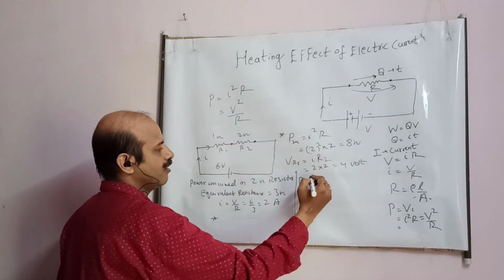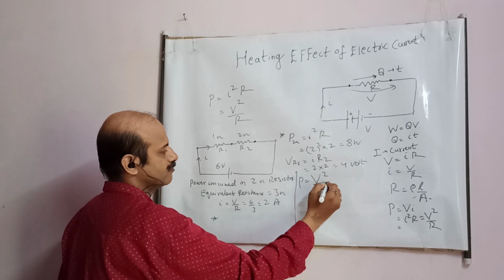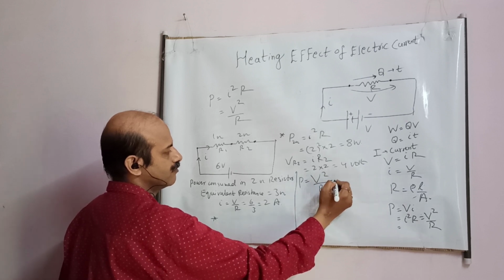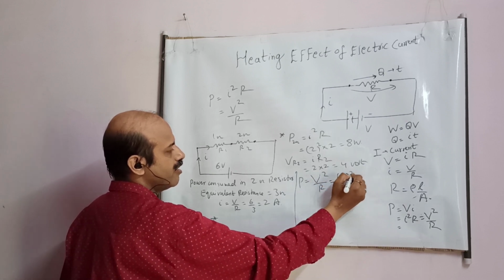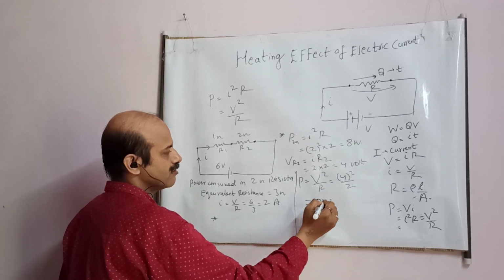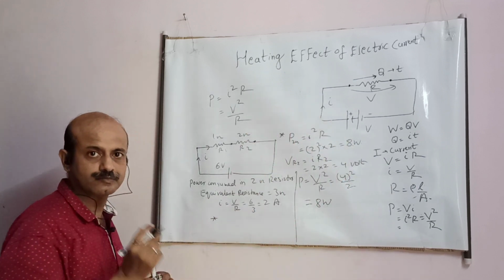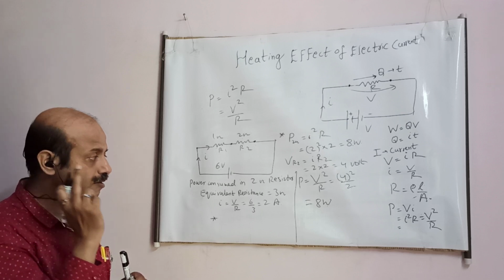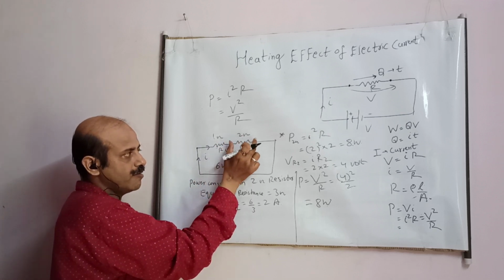I am using this formula: 4 square by 2. See, student, again I am getting the same answer by both formulas. But you have to remember this 6 volt does not appear here.